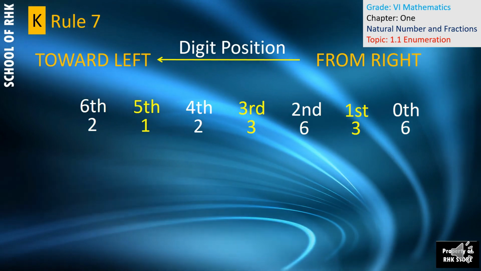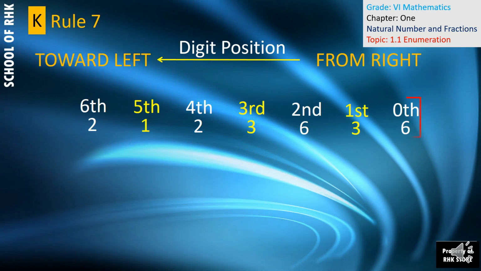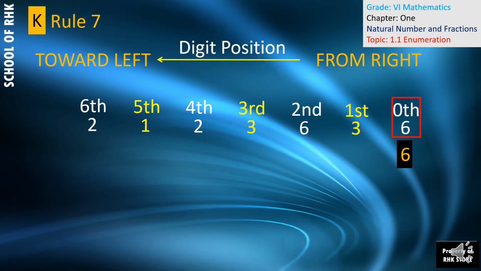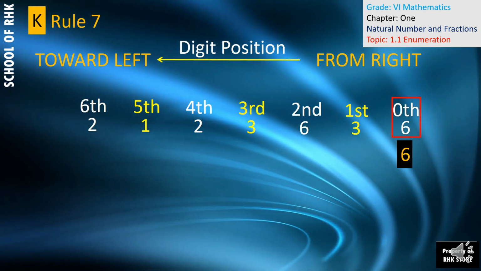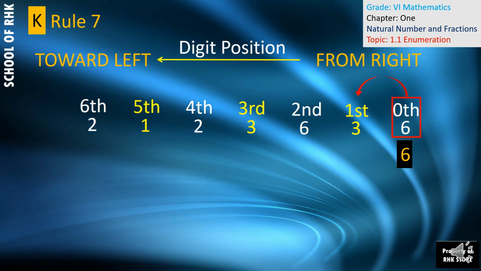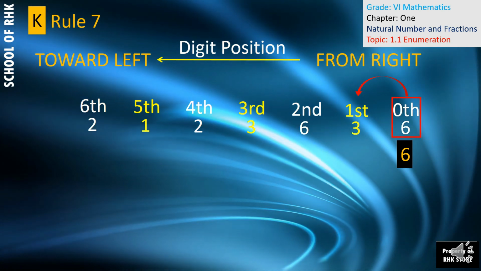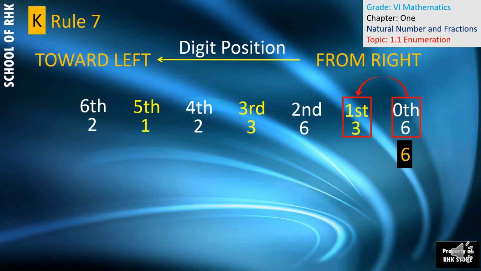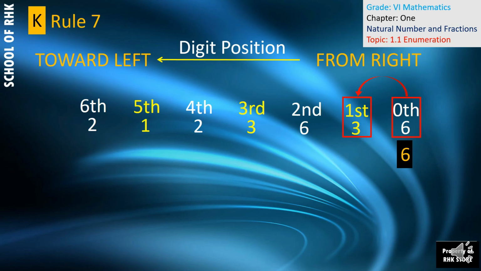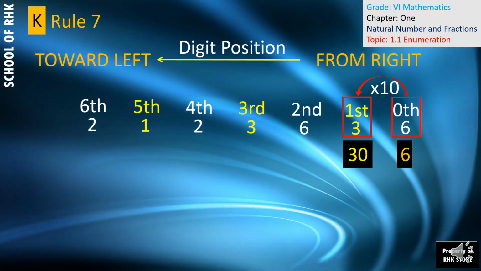Starting from the right side, the 0th position digit is 6. As 6 is in the 0th position, the value of this digit will be 6. The first digit on the left side is 3 in consideration of the 0th position. The first digit 3 will have its own value 3, but due to the first position, the place value will be 3 multiplied by 10 equal to 30.